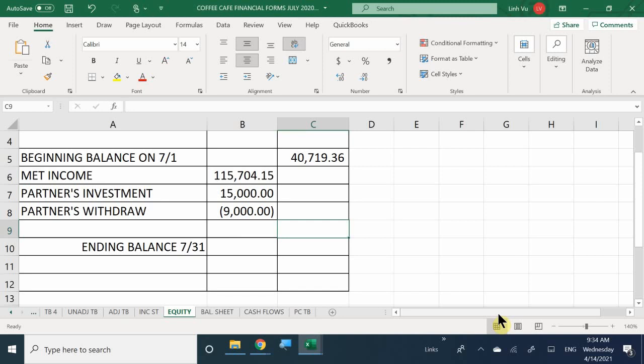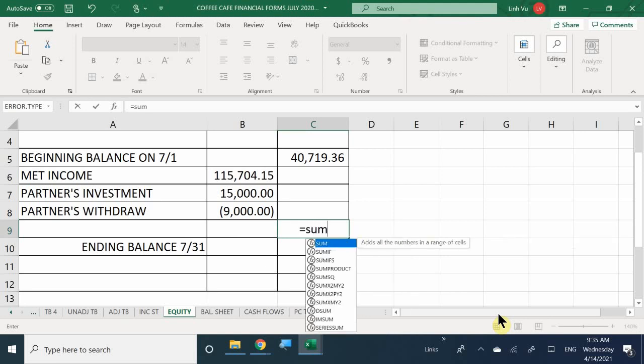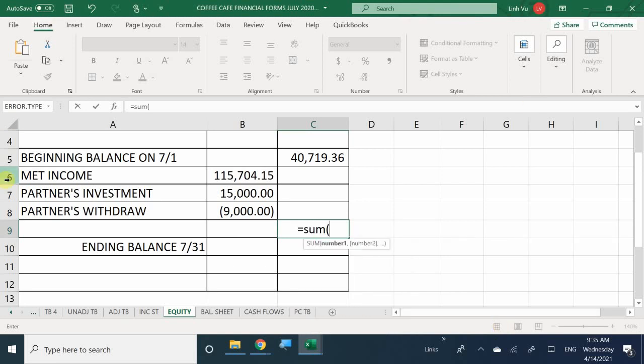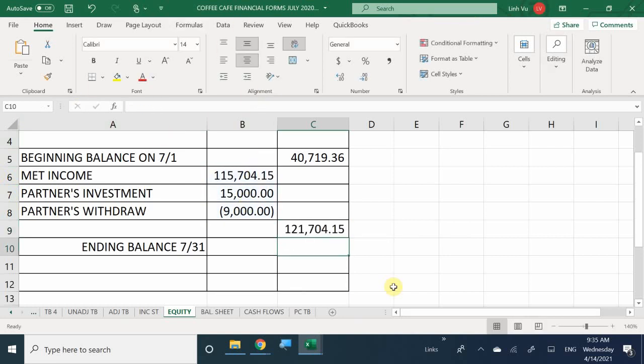So again, your total here will be the amount that you're going to increase your equity account by. So you're going to increase your equity by 121,704.15. Okay.